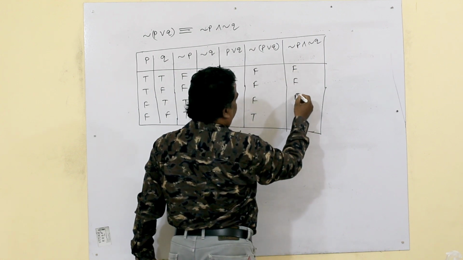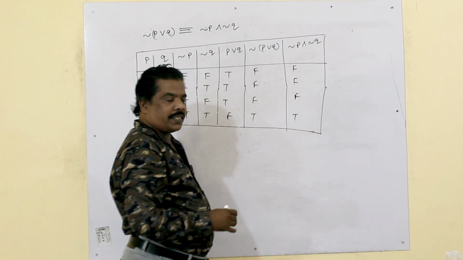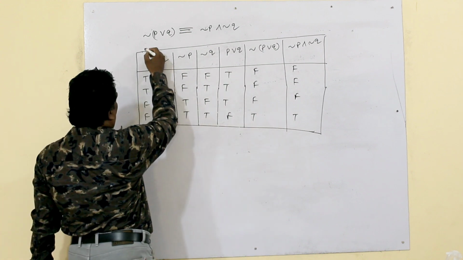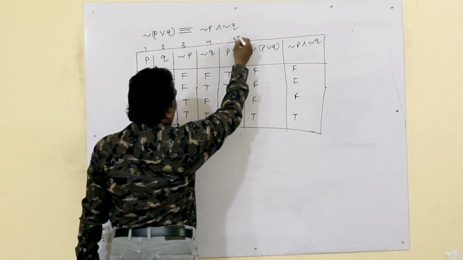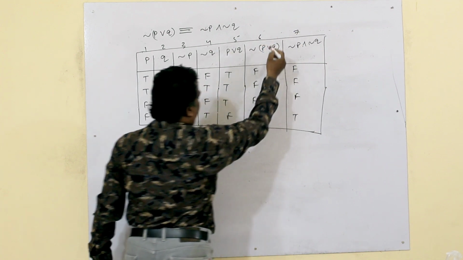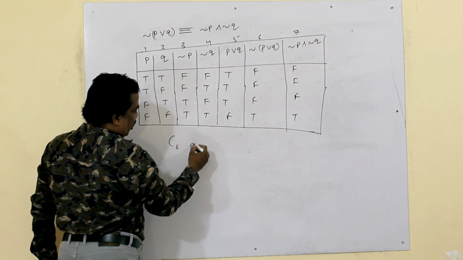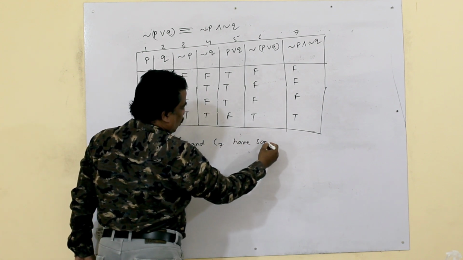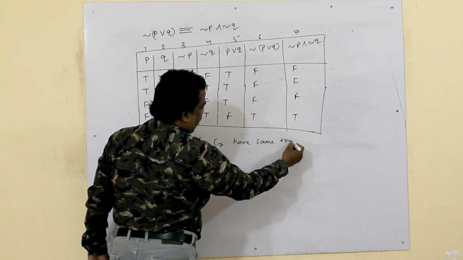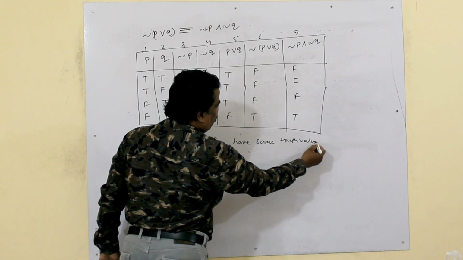Now we see the truth values of columns 1, 2, 3, 4, 5, 6, 7. Column 6 and column 7 have the same truth values.